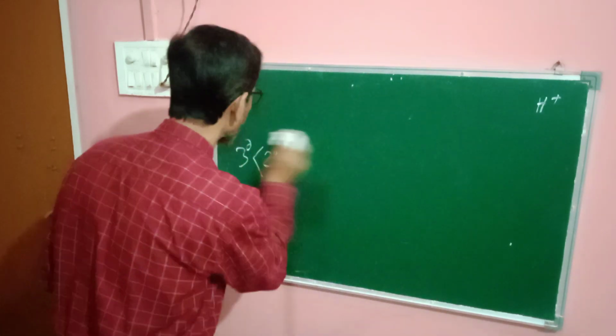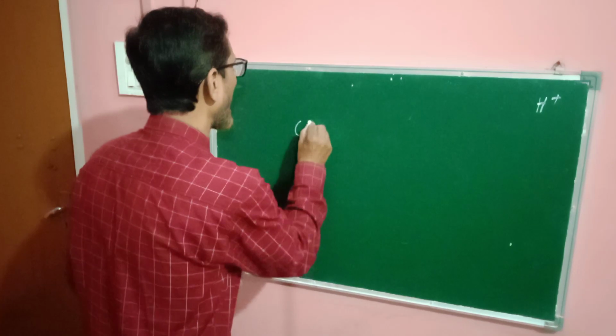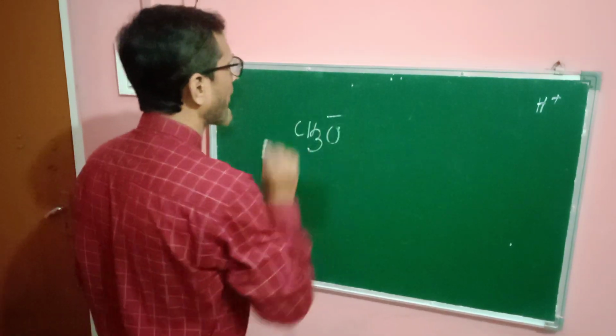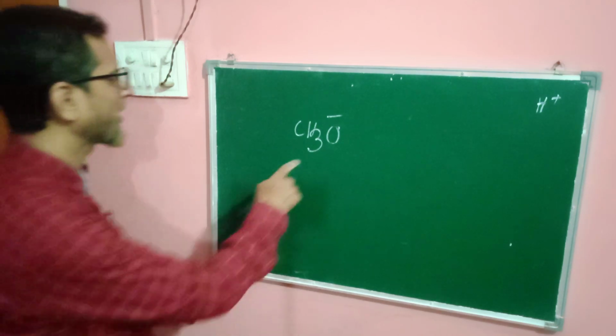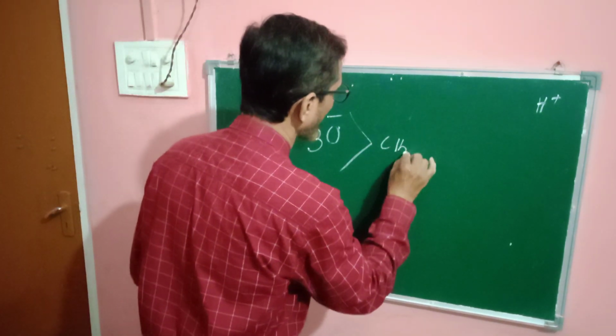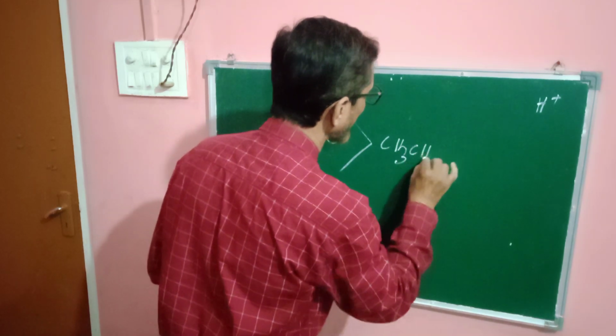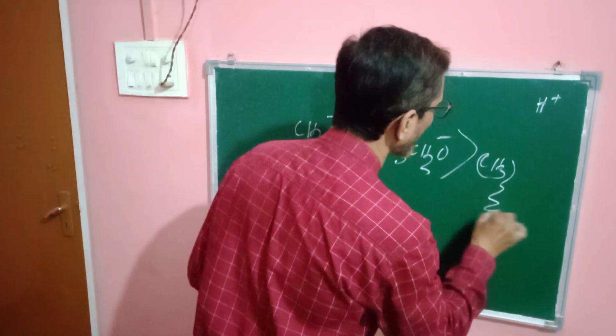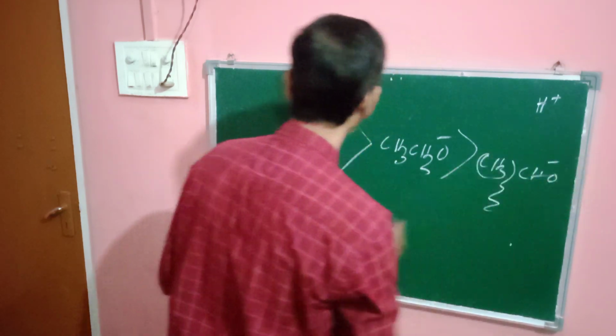Another explanation is a bit hard. From methanol, if you remove H, you get this part, and from ethanol, CH3CH2O negative part, again CH3 whole thing to CH, O negative part.